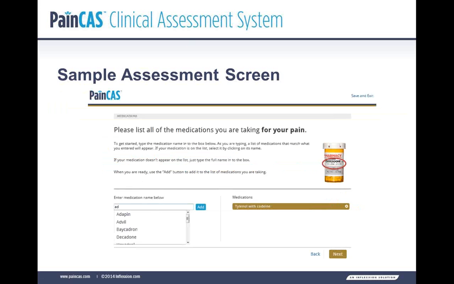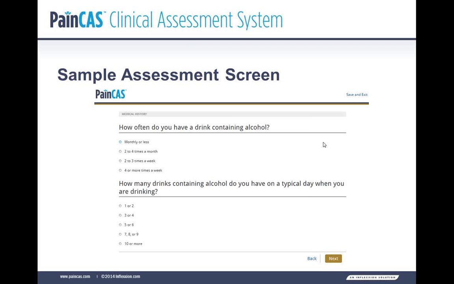We also give patients instructions when they're going to complete the assessment about what they will need to have handy in order to successfully complete it, such as the medications they are currently taking or a list of those medications. During follow-up assessments, PainCAS will have the capability to identify and query for medications that have been started or stopped since the previous assessment as well.